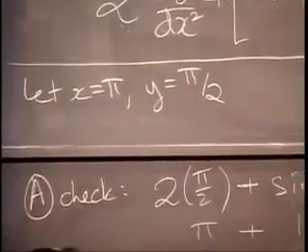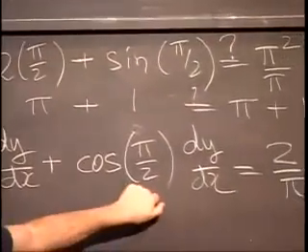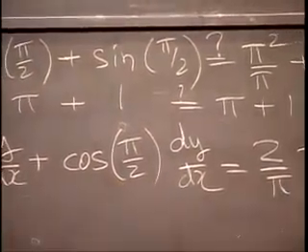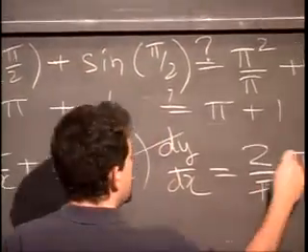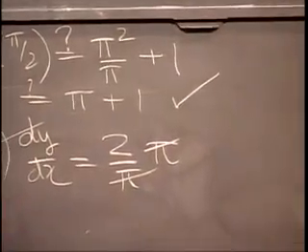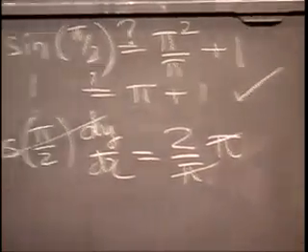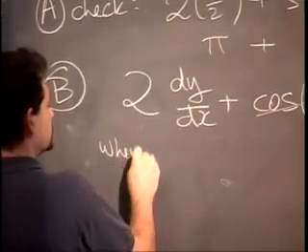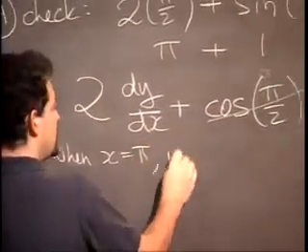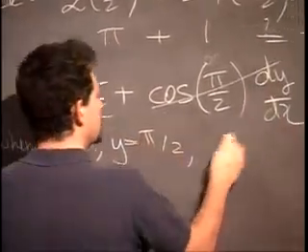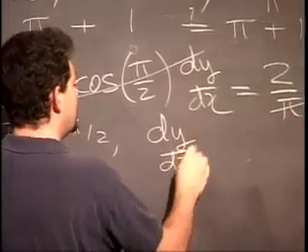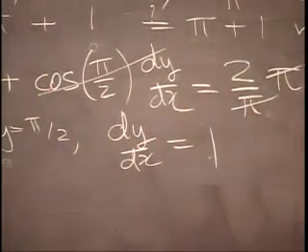What do I get? Well, cosine pi over 2 is 0. See why you've got to know your trig there. So that goes away. And we have found that 2 dy/dx equals 2. So this means when x equals pi and y equals pi over 2, dy/dx is 1. 2 divided by 2 is 1.